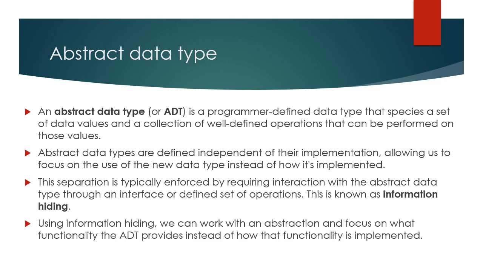Using information hiding, we can work with an abstraction and focus on what functionality the ADT provides instead of how that functionality is implemented. ADT is a collection of data and operations that work on that data. A good example of ADT is the list in Python.